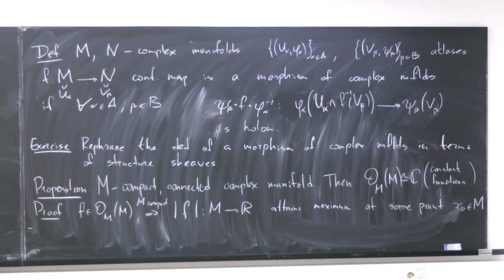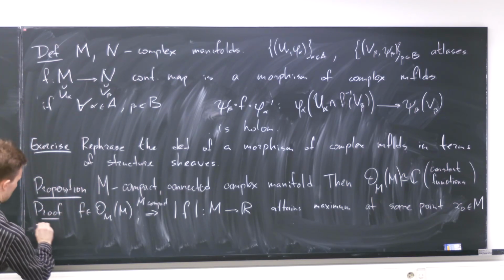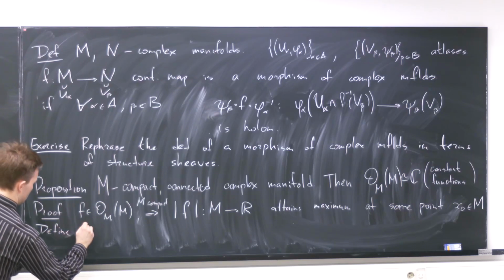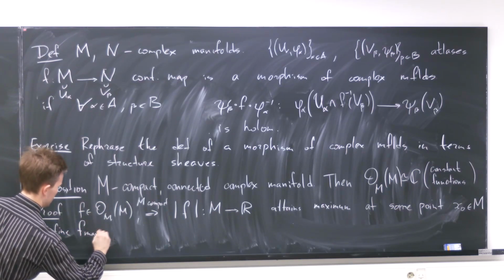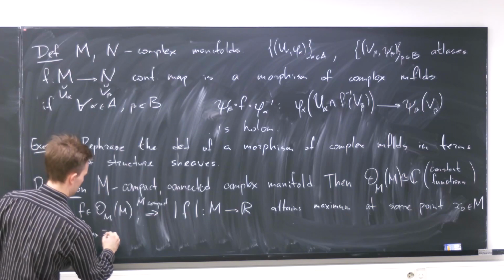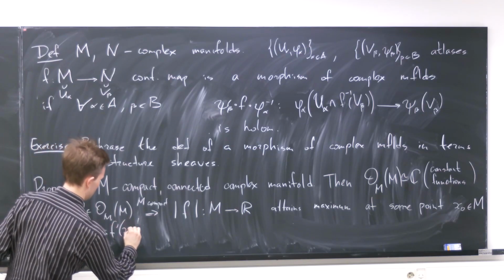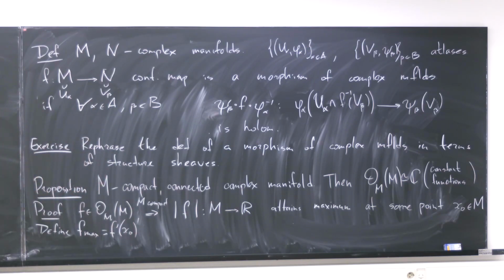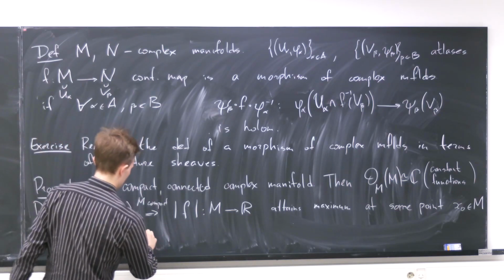So how do we argue after that? To be precise, we should somehow look at the local chart around this point. To be completely rigorous, let's do it like this. Let's define f max to be the value of f at this point x0, and then let's look at this set.